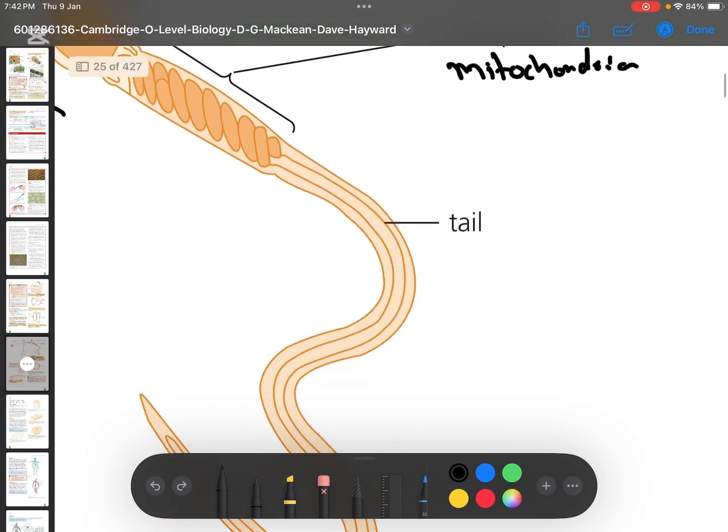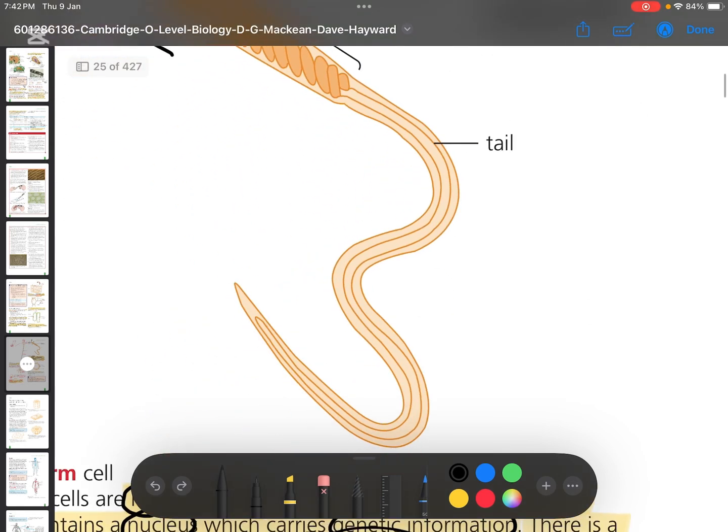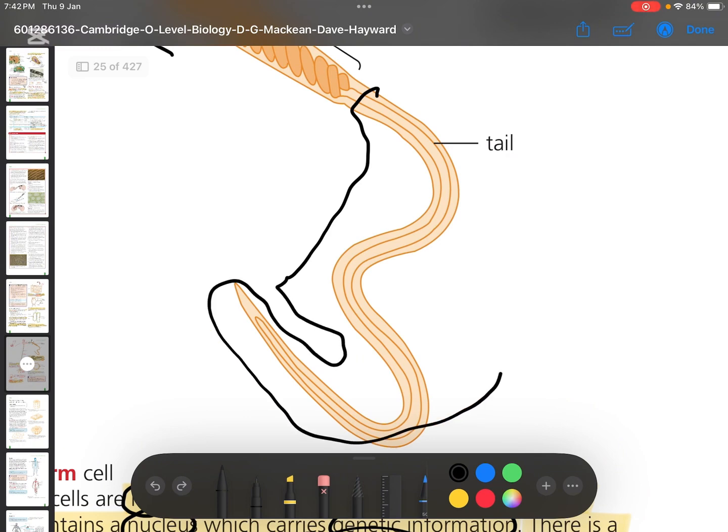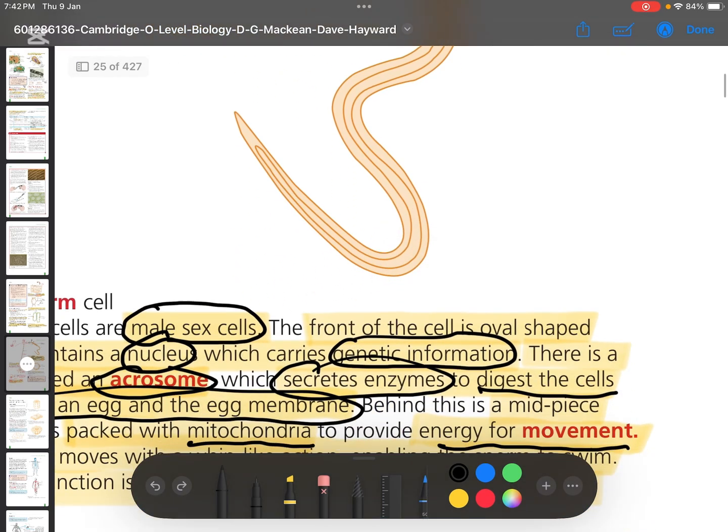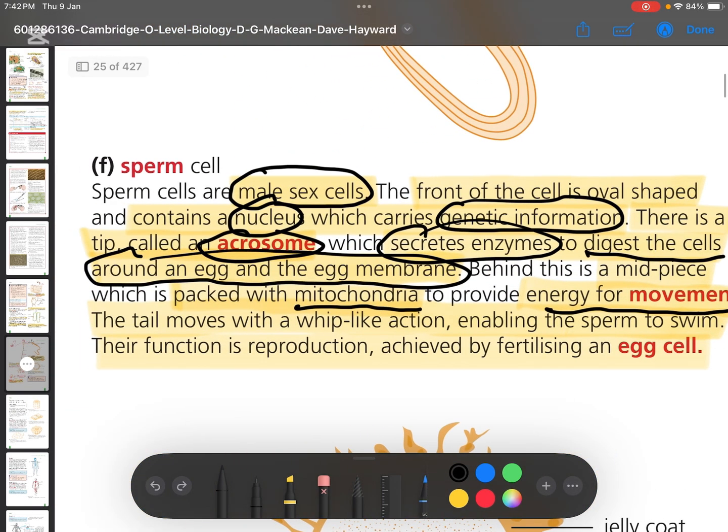And also the tail, which is at the last part of this, helps in the movement of the sperm cell as well. It has also a whip like action, just like the cilia had a whip like action, helped in the movement of the dust particles up the respiratory tract.